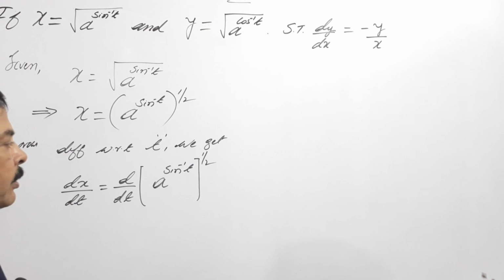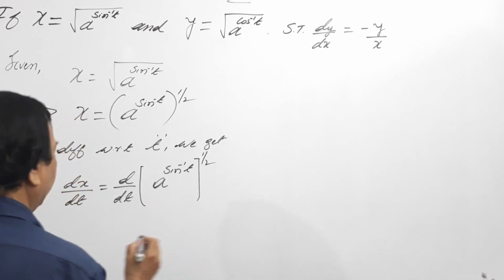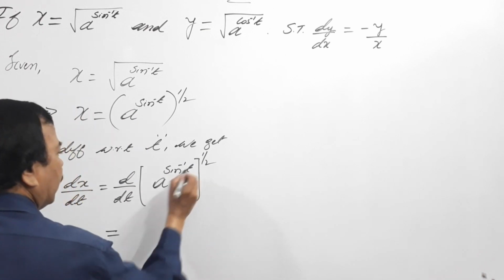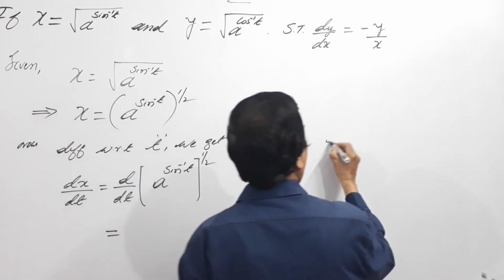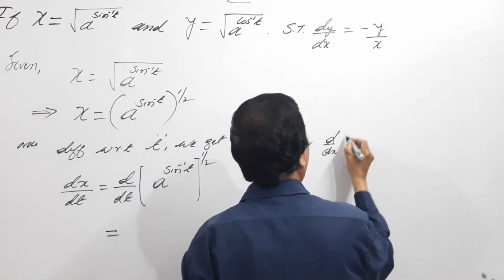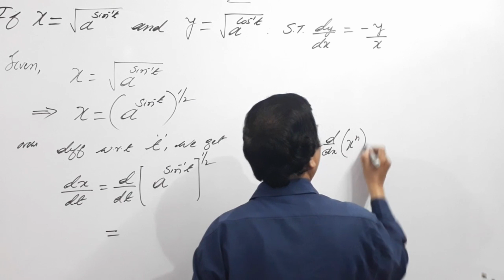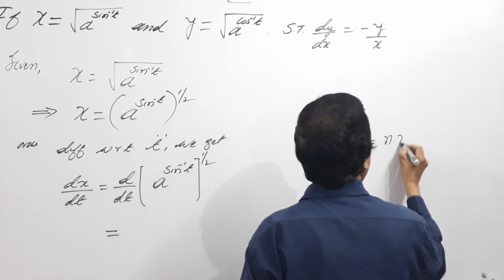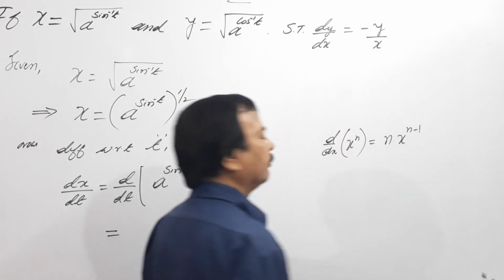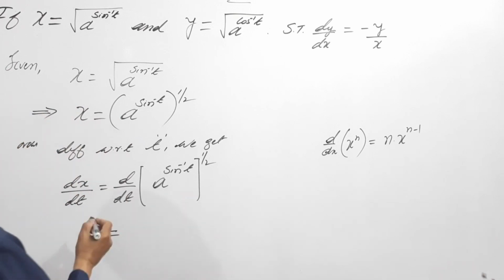Now you can do this. So if you differentiate, what do you get? d by dx of x to the power of n is nothing but n into x to the power of n minus 1. Done. So I will use that concept.